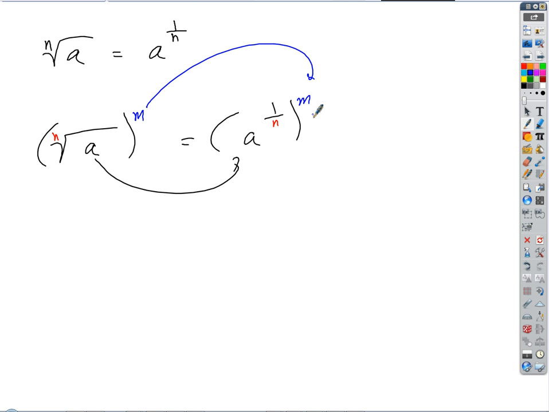At the time, we used nice, convenient integers for our exponents, but now we're going to use fractions, but all the same stuff still applies.